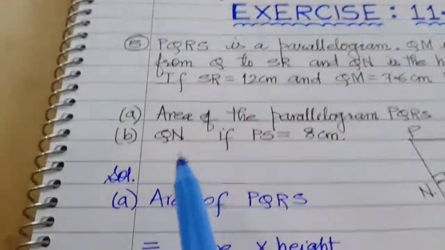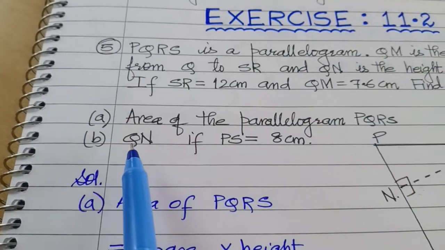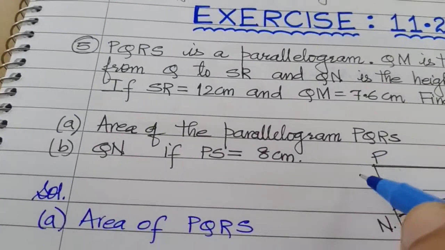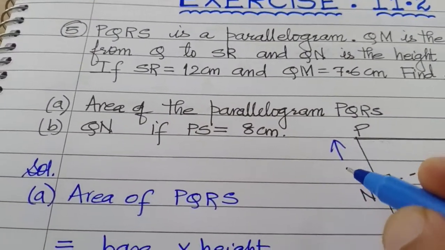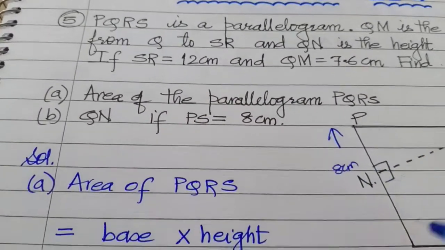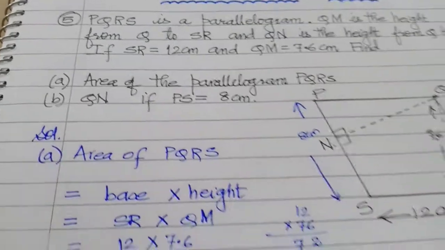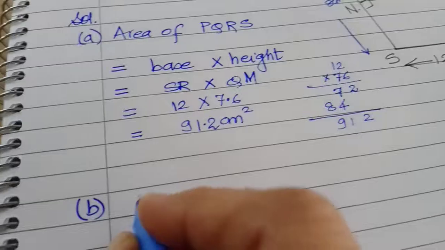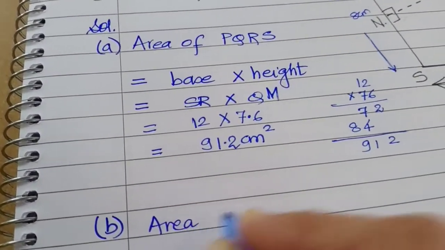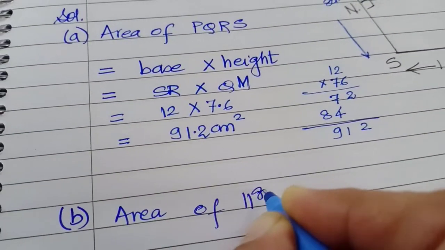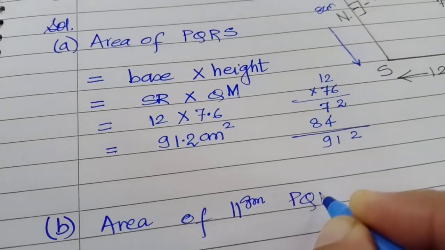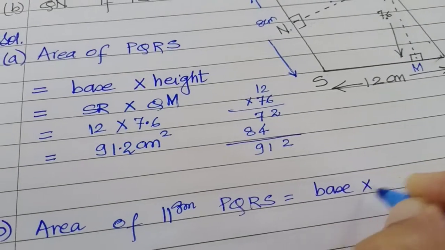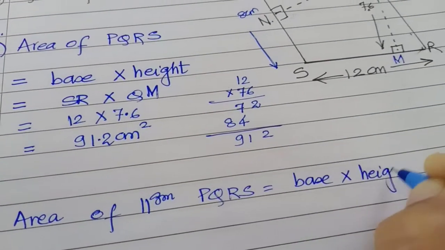Now let's see the second part. They're asking us to find out QN if PS is given as 8 centimeter. We have to find out what is QN. Now let's write down area of parallelogram PQRS is equal to base into height. We know this.